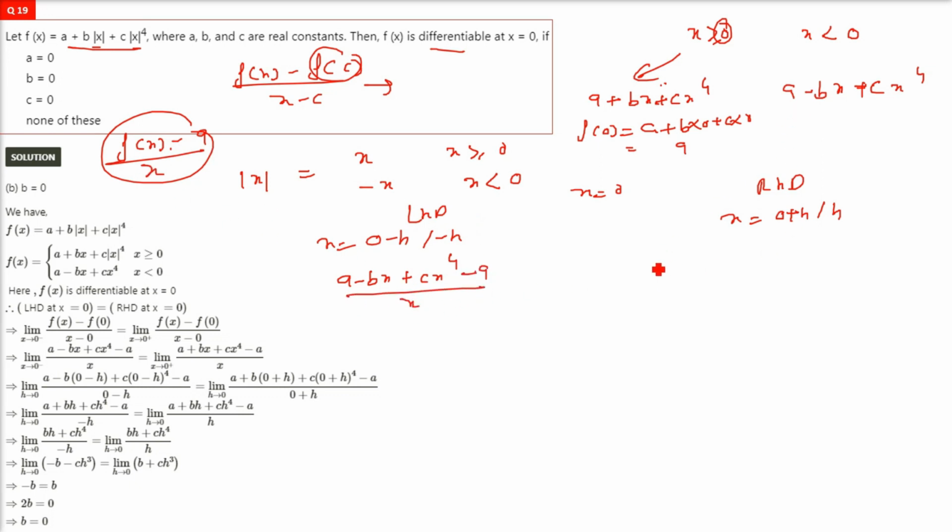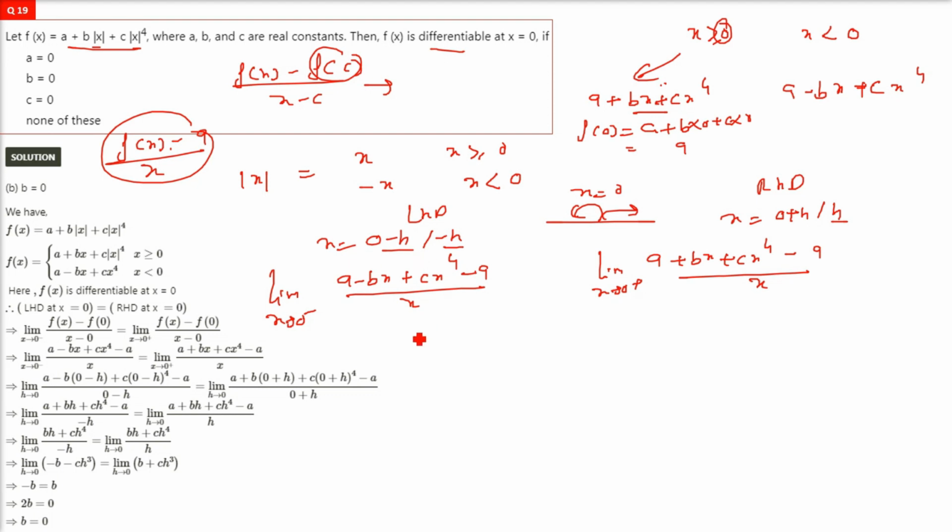On the right, you have to use (a plus bx plus cx to the power 4 minus a) divided by x. But now I will put x as negative h on the left and positive h on the right. So limit x tends to 0 minus here, limit x tends to 0 plus here. This is only showing where we are going, on the left or the right. And then we have to equate it also. So just put the equality in between these two, because this function is differentiable at x equal to 0.